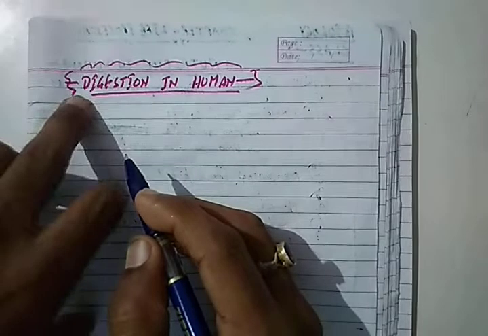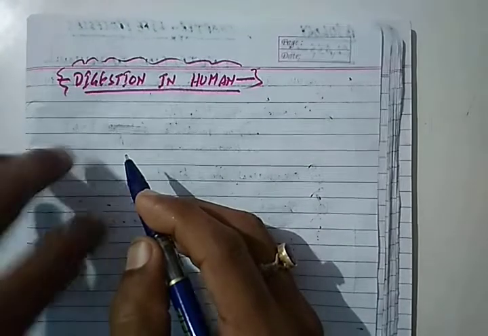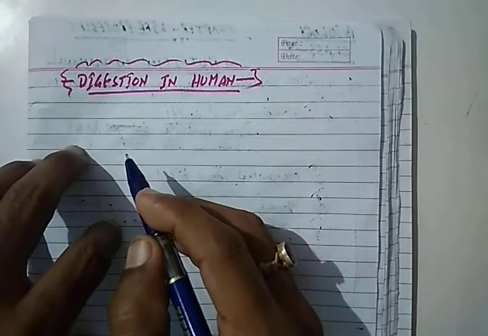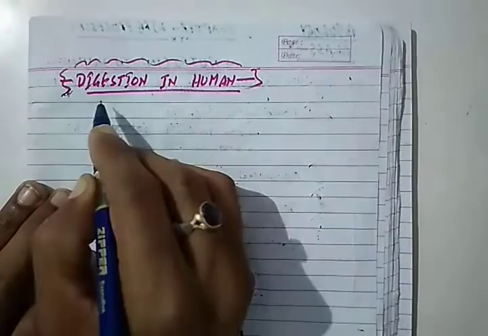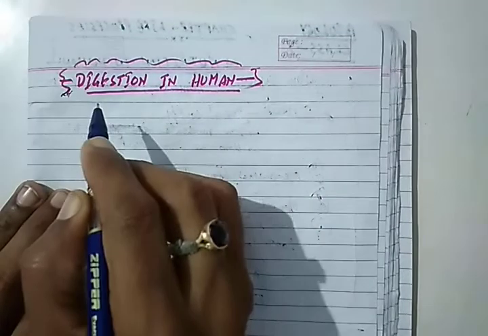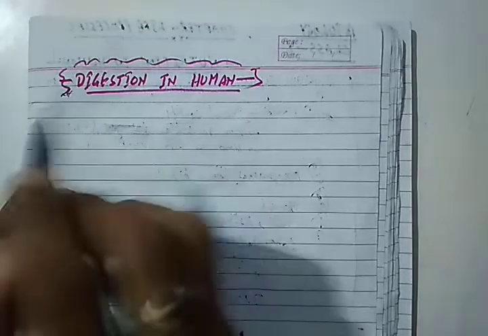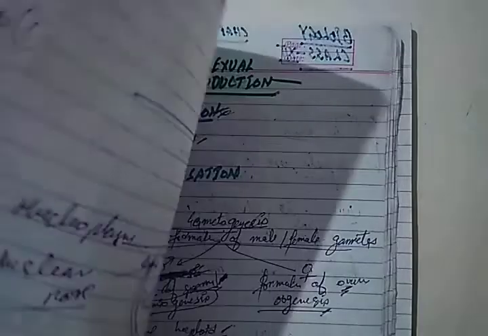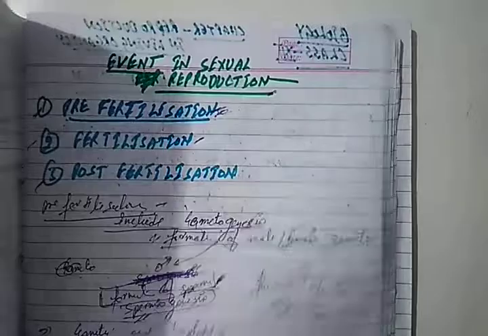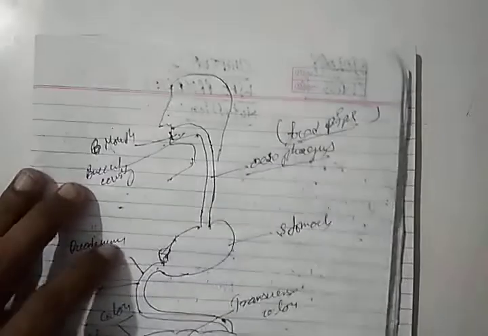The digestion process takes place with the help of digestive glands. So before we study the process of digestion in human, we must read about the digestive glands. We can study these digestive glands with the help of this previous diagram.